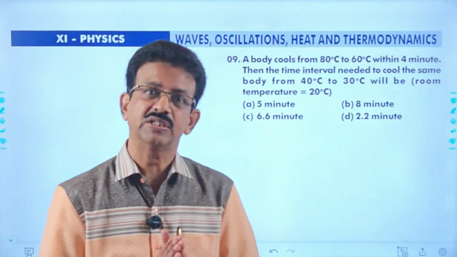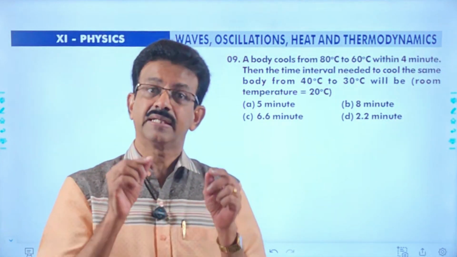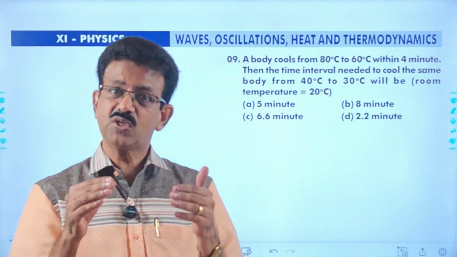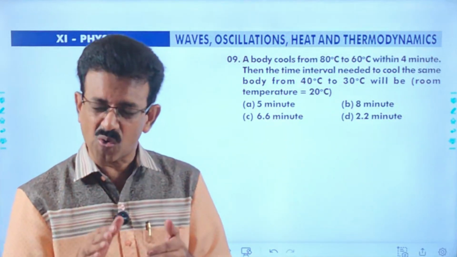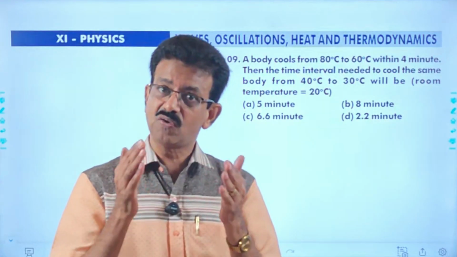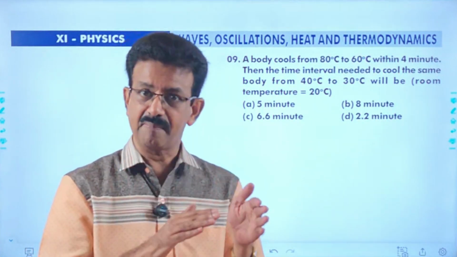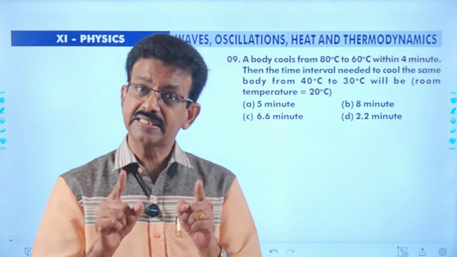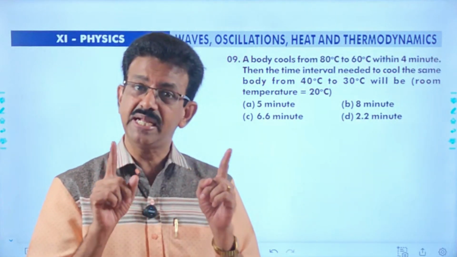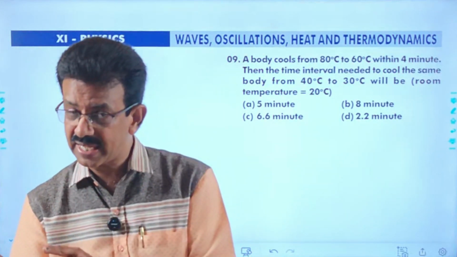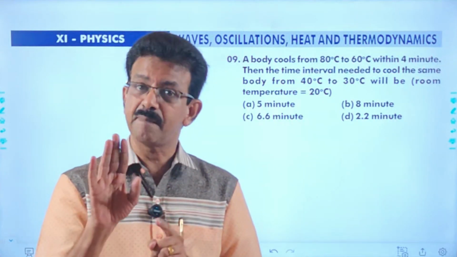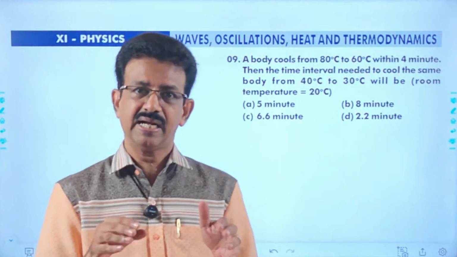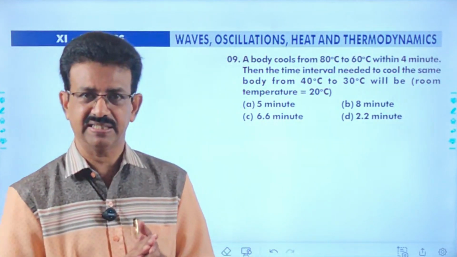Now, what is Newton's law of cooling? The rate of loss of heat from a hot body is proportional to the excess of temperature between the body and the surroundings, provided the temperature excess is small.